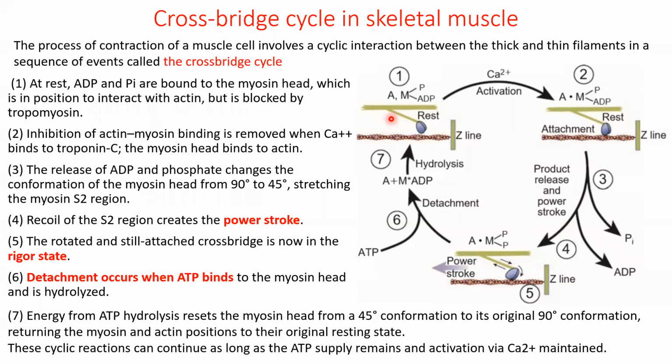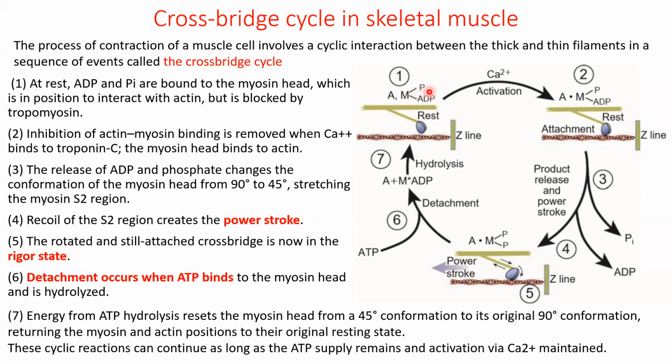All right? And in cross-bridge cycling, I'll start off at number one. There's number one. There's the Z line, there's the actin, there's the myosin. There's the head of the myosin. At rest, the head of the myosin has attached to it an ADP and a Pi, inorganic phosphate.